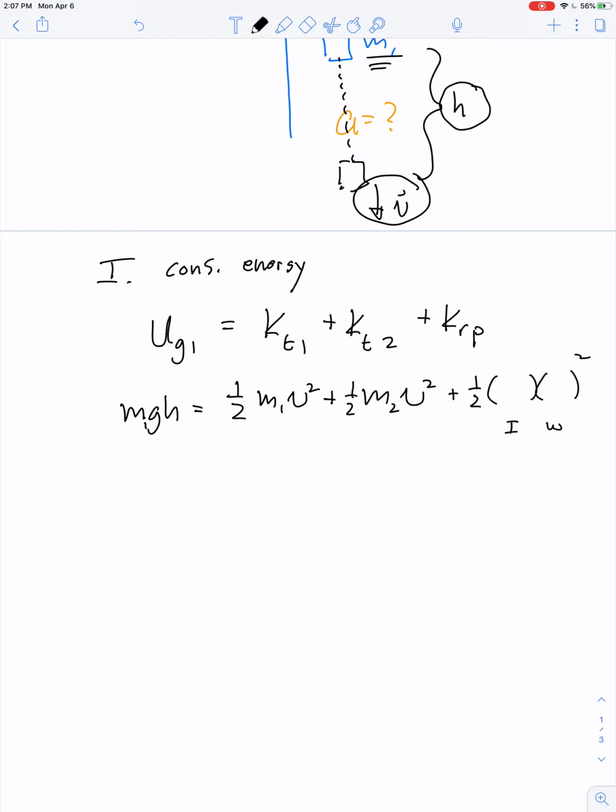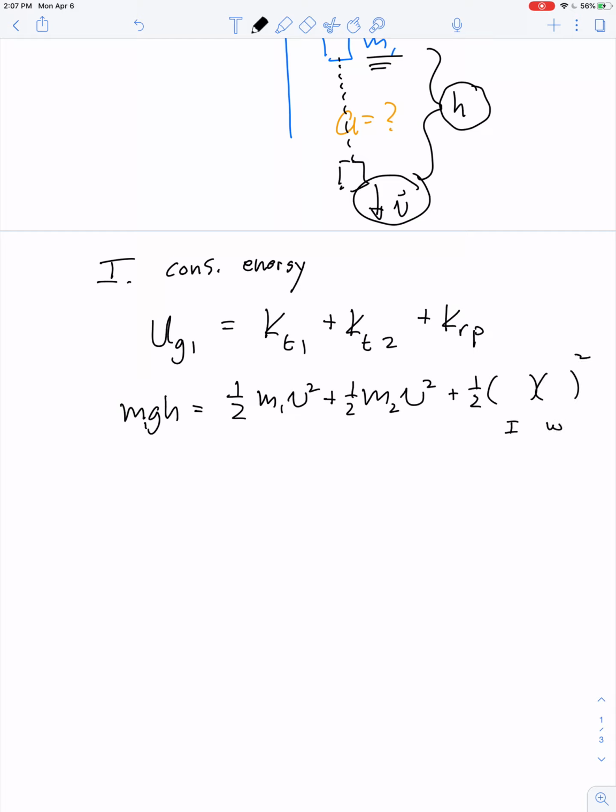If I multiply through by 2, I get 2 M1 gh is equal to M1 plus M2 plus 1/2 capital M, all multiplied by v squared, which is 2ah. So then I can cancel out these 2's, and I can cancel out the h. So I'm left solving for a, and a is equal to g times the quantity M1 divided by M1 plus M2 plus 1/2 the mass of the pulley.